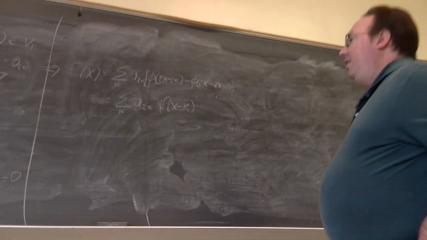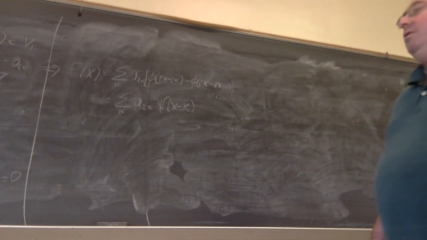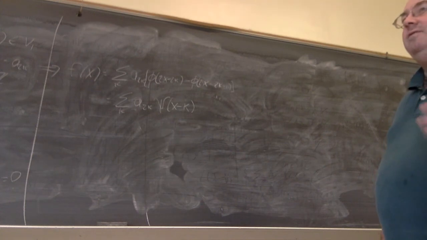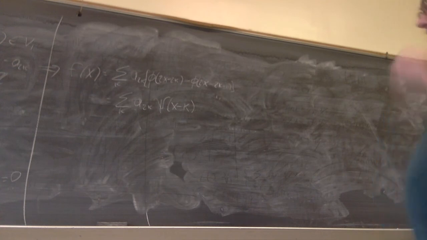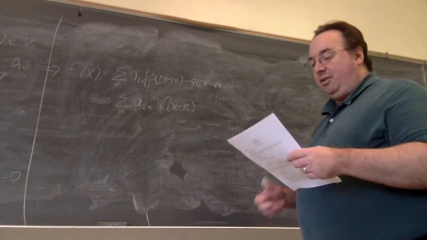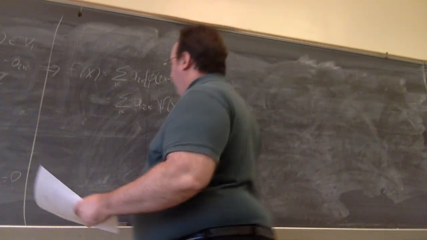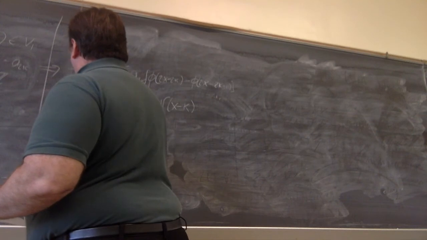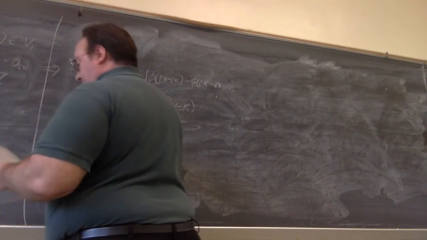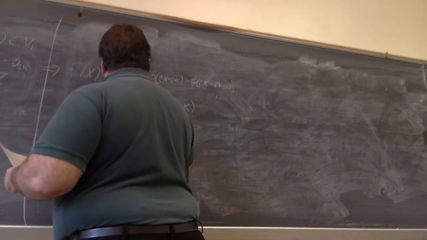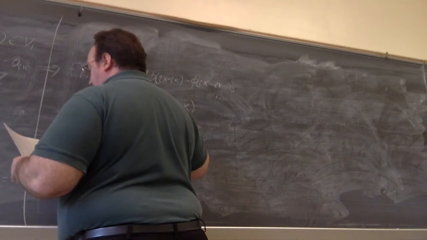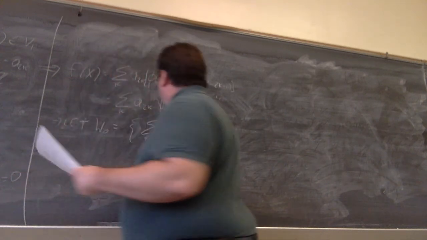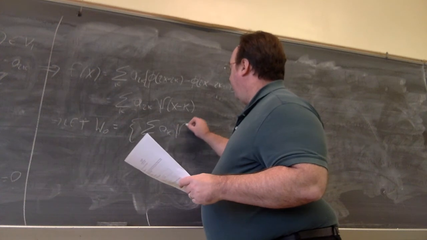So the functions in V1 that are orthogonal to V naught are the ones that can be written as a linear combination of translated wavelets. So now I'm going to work with those. I can define W naught to be the set of finite linear combinations of wavelets instead of scaling functions.